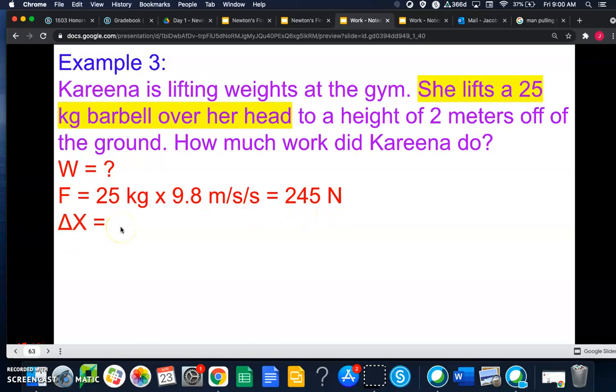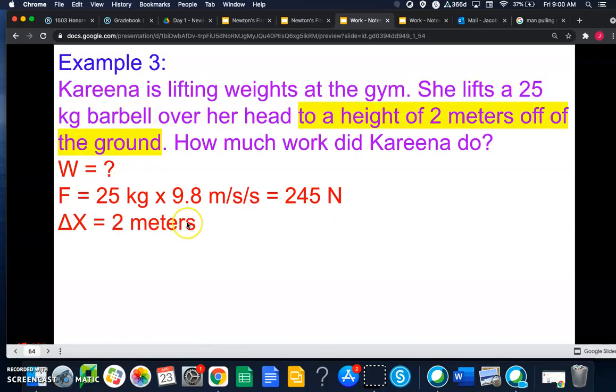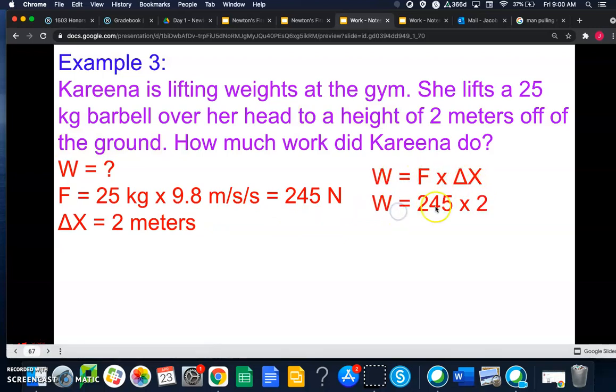For delta X, that's the change in position. She lifted it 2 meters. Right? So that's going to go in like that. And so then work is going to equal force times delta X. Work is going to equal 245 times 2. Work's going to equal 490 joules.